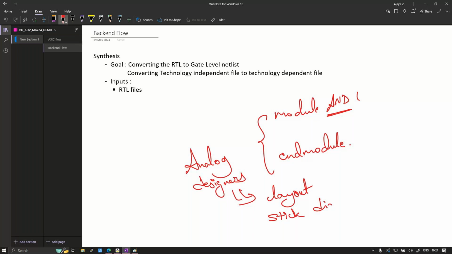When I'm talking about basic gates, analog designers are going to do it. Analog designers work on purely analog related design. That means they need to know about the stick diagram related structuring. So that is gates related. Similarly, there can be bigger circuitries.